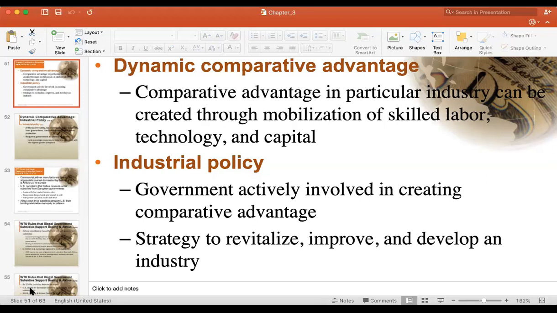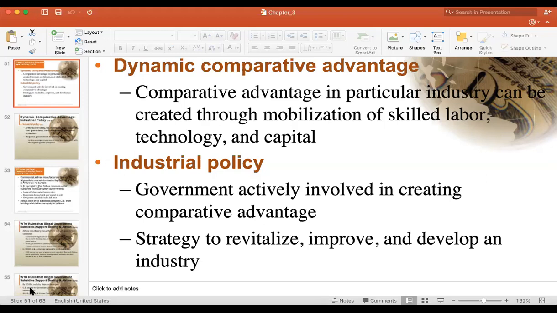In other words, industrial policy here simply involves a strategy that really deals with revitalizing, improving, and developing an industry. So all of the government resources will be honed towards that activity, basically.